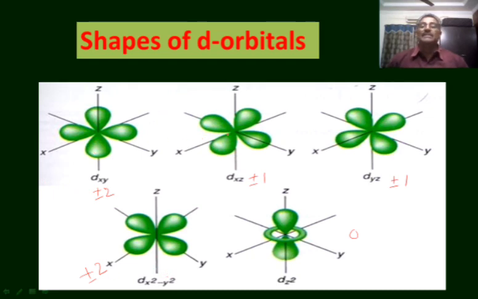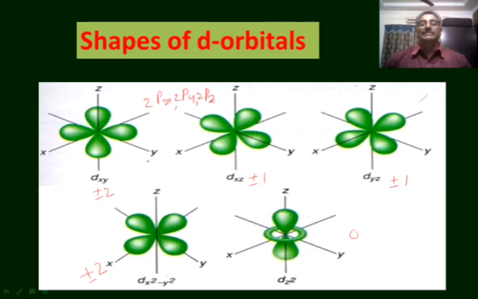All these d orbitals in a particular main energy level possess the same amount of energy. So these 5 d orbitals are said to be degenerate orbitals, just like the 3 p orbitals. We already discussed that px, py and pz orbitals of a certain main energy level, like the second main energy level, are degenerate, meaning they possess the same amount of energy.